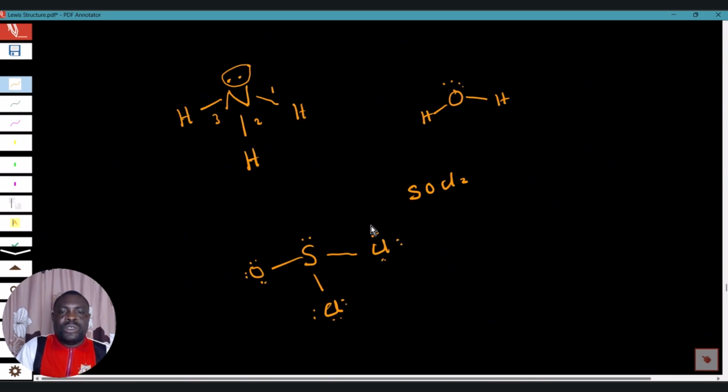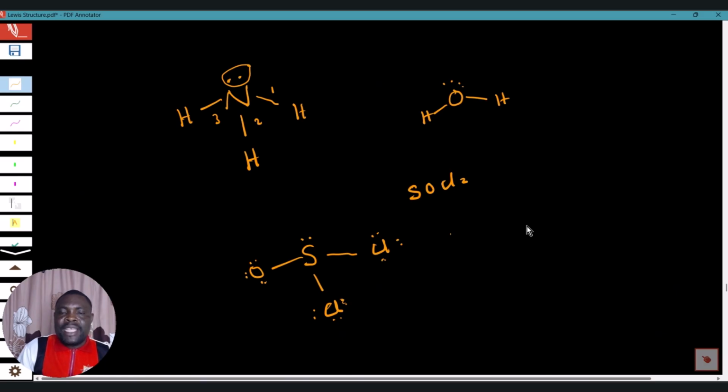If you look at it, you discover that the chlorine atom and the oxygen atom also have lone pair electrons. But when we are talking about the lone pair electron in a molecule, we are only concerned with the lone pair electron on the central atom, not on the other atoms attached to the central atom. So in thionyl chloride, we have 1 lone pair and 3 bond pair. So this is how to count and determine the bond pair in a molecule.